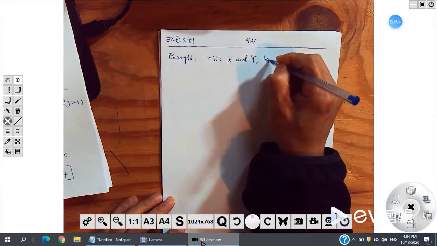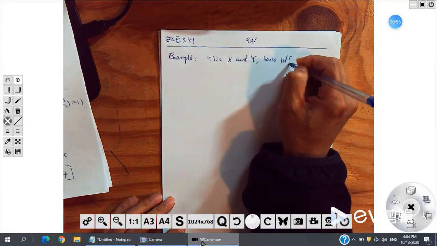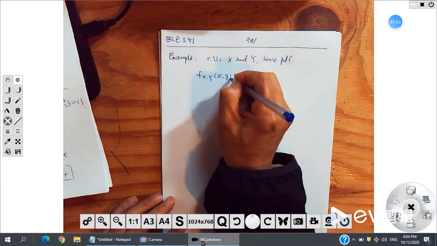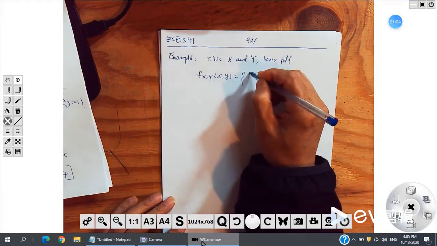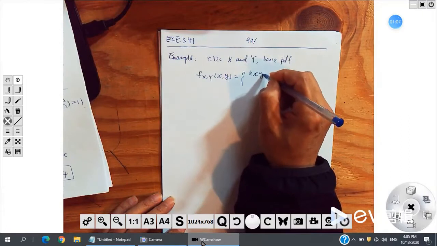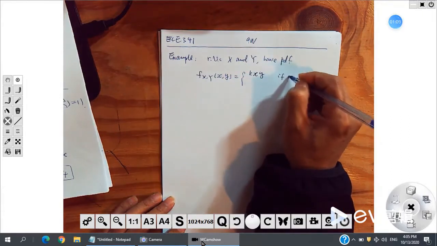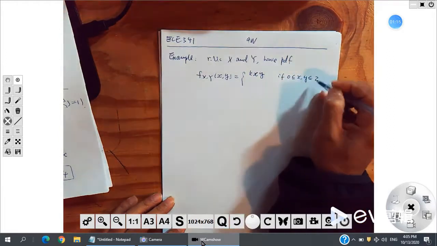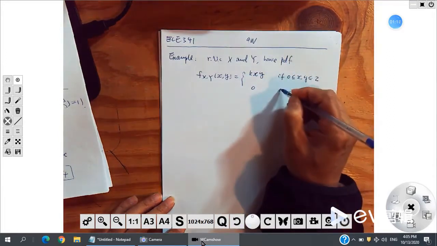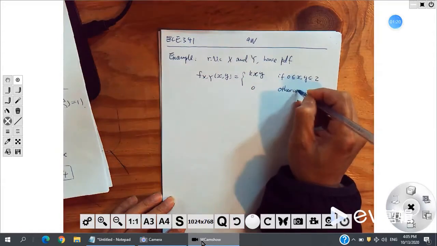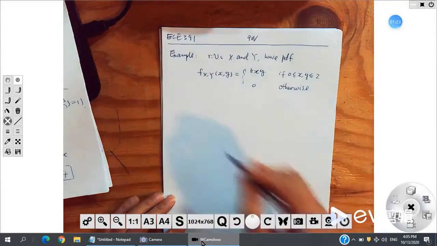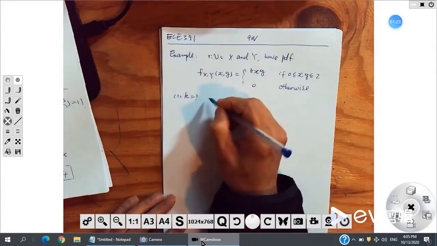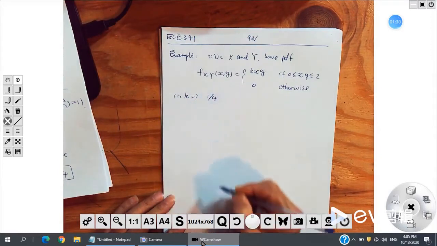They have PDF f_XY(x,y) equal to k times x times y if both x and y are between 0 and 2, and it's 0 otherwise. We try to find what is k. Actually, we get k is 1/4.